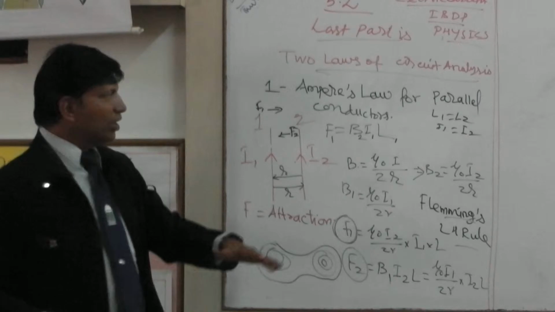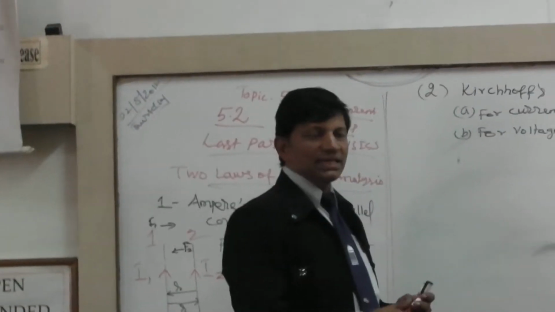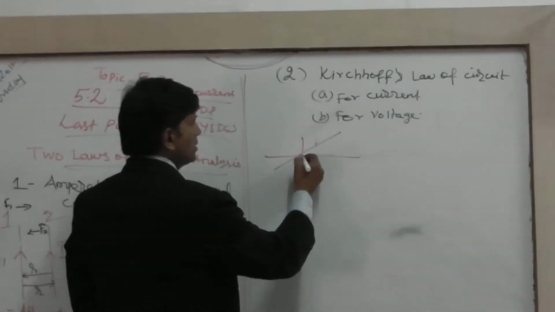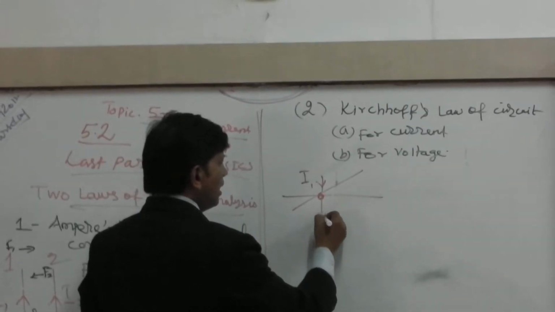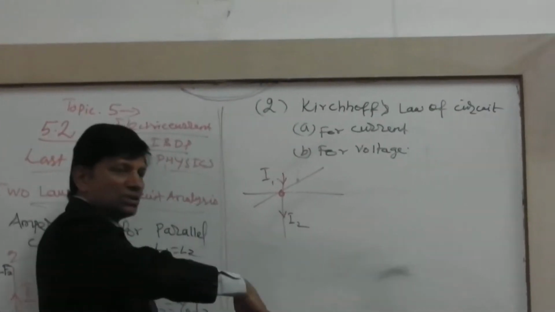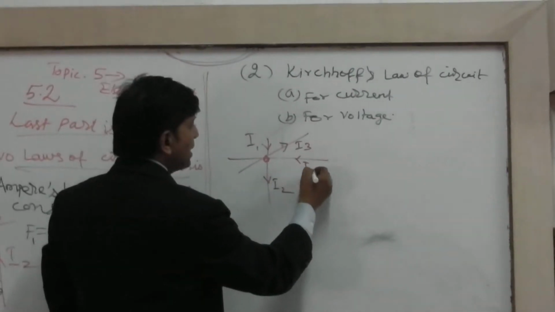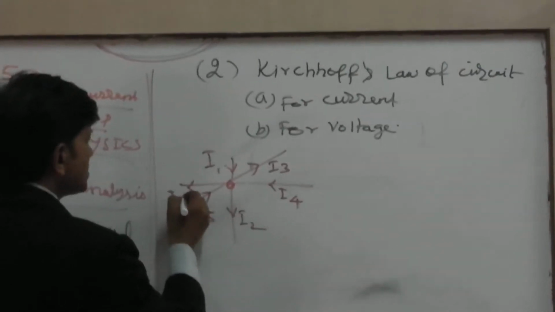Now, Kirchhoff's law for current, what does it mean? In a circuit, you may come across many junctions. You may come across I1 coming here, I2 going out, I3 going out, I4 coming in, I5 coming in, I6 going out.